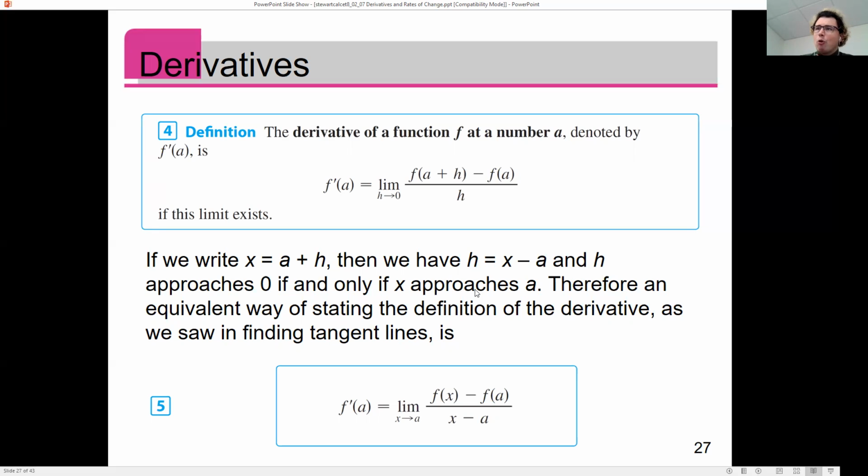These two different formulas are just different ways of writing the very same thing. So here, x is equal to a plus h. And if x is approaching a, then h has got to be going to 0.